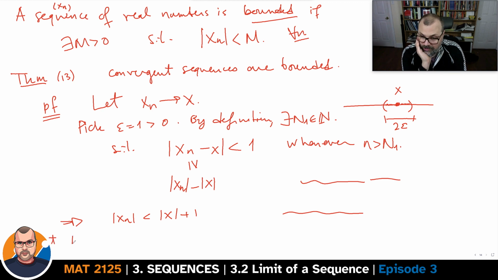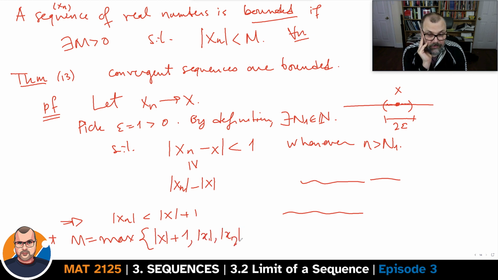So now set m to be the maximum of this value here, and the absolute value of all the terms that came before the term n1 plus 1. So all the terms up to n1.